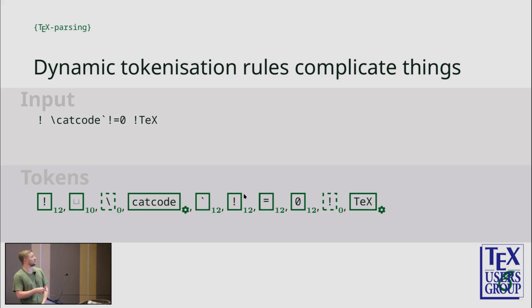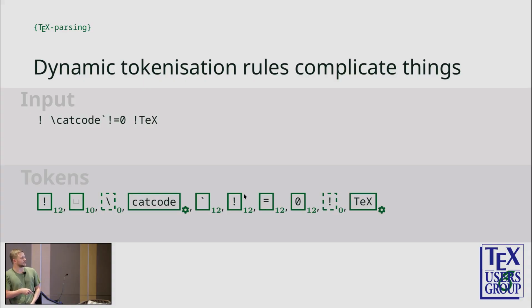This essentially changes the category code of the exclamation point to being 0, followed by exclamation point tag. Now during the tokenization phase of this, first time we see the exclamation point get category code 12, which is essentially saying it's not a letter, it's not a space, it's not very interesting. And then we have all of the tokenization of the command itself.